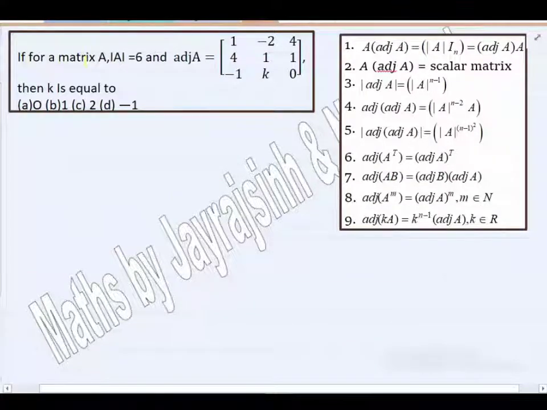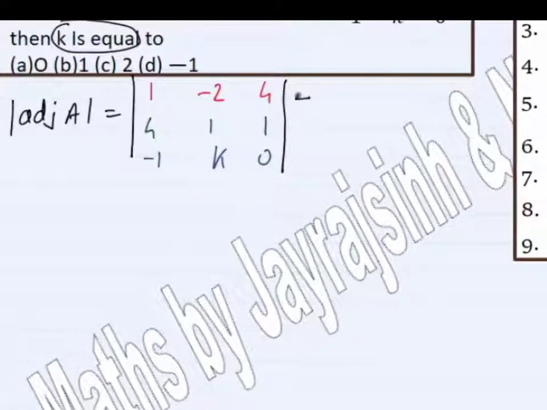If A is the given matrix and its determinant is 6 and adjoint of A is given by this matrix, then we have to find the value of K. Adjoint of A matrix contains K, right? So here we should find out the determinant of adjoint of A. Here it is. Let's expand with respect to first row.